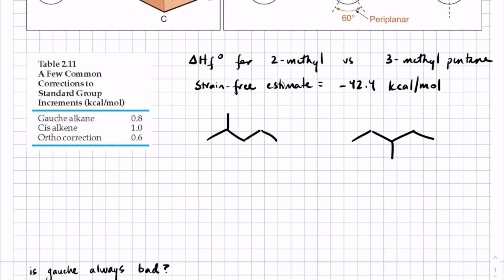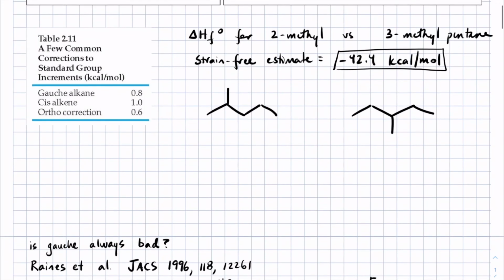And if you calculate heat of formation based on group increments like we did last time, you come up with a strain-free estimate. But reality is that these molecules are not that stable, and if you didn't account for strain, you would say, oh, these two molecules are equal in stability.